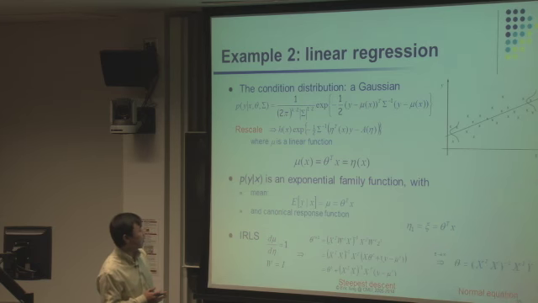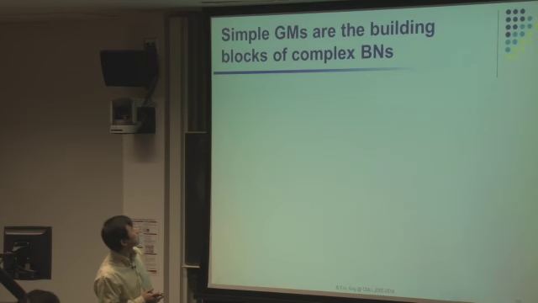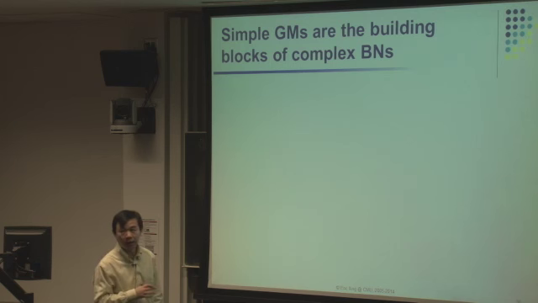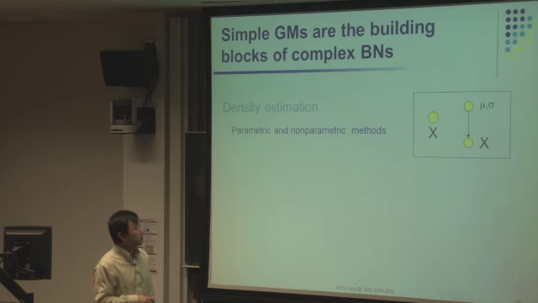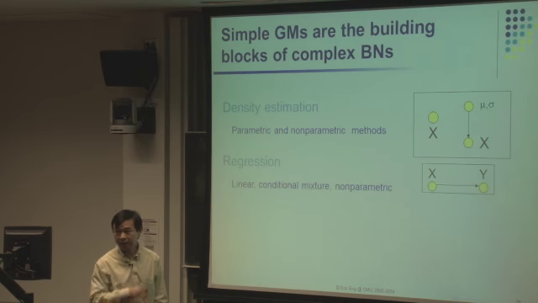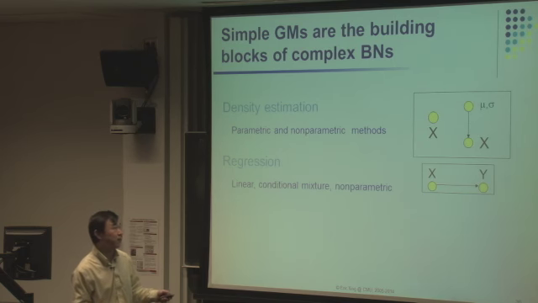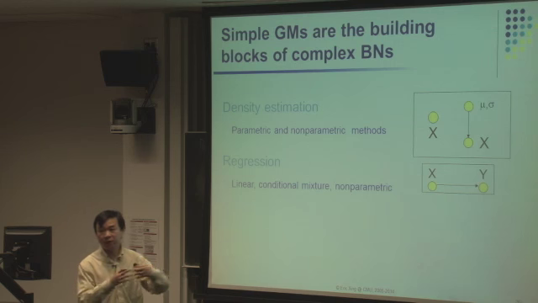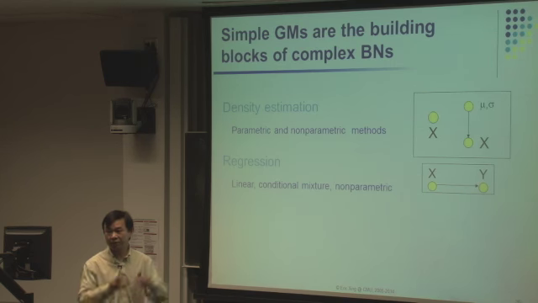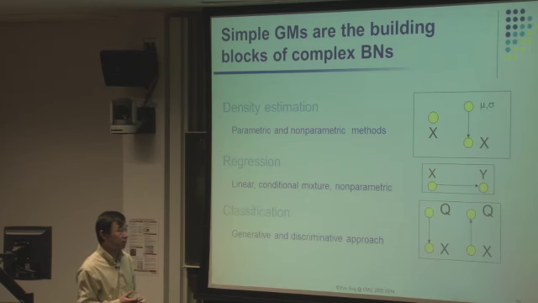I think I'm roughly done with the bulk of the lecture. There are a few slides I left over, which are good material for you to go home and read. Basically, they tell you that once we know how to define a conditional distribution of a pair of nodes using a GLIM model, we can define any graphical model in the same way.